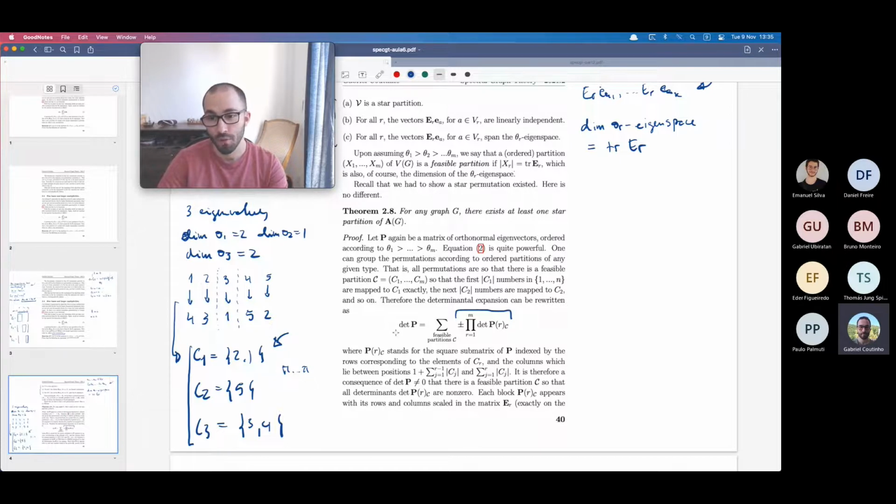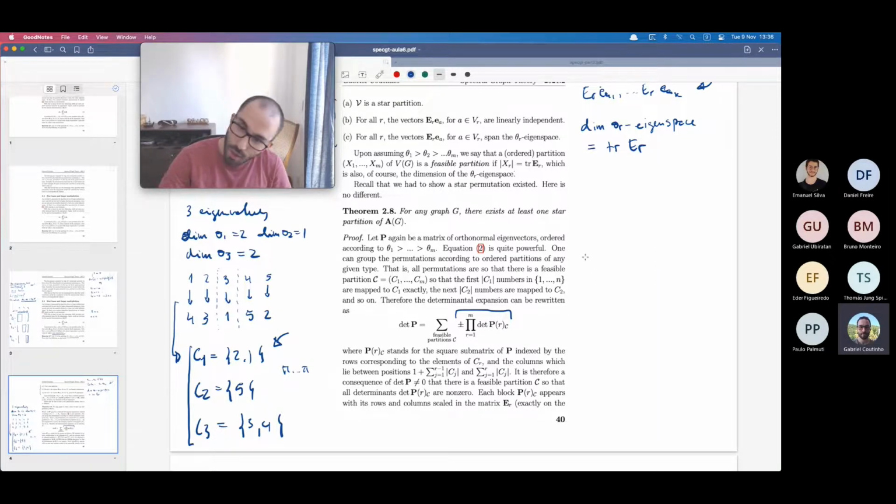So the determinant of the matrix P is the sum over all feasible partitions of plus or minus, it's not important, the product of a bunch of determinants. And this P_RC is the square submatrix of P indexed by the rows corresponding to the elements of C_R and the columns which lie between these positions.